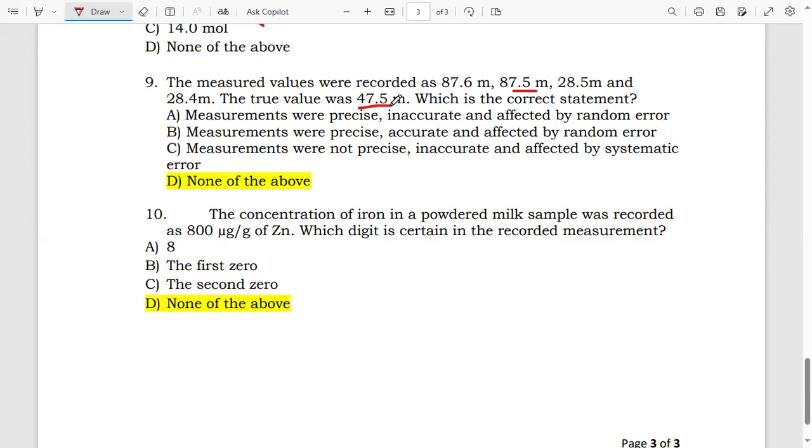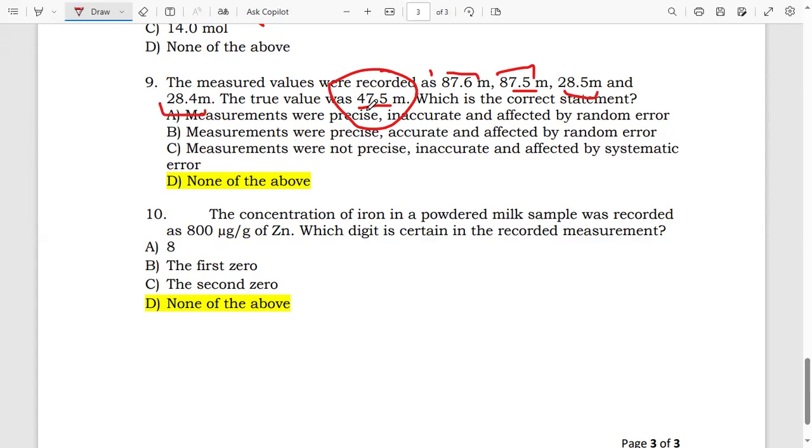Before we even go to the statements, let us discover on our own what we have in those measurements. The true value is 47.5. On the recorded values, I have these values here that are greater than 45, and I also have these values, the 28 point something, that are less than 45.